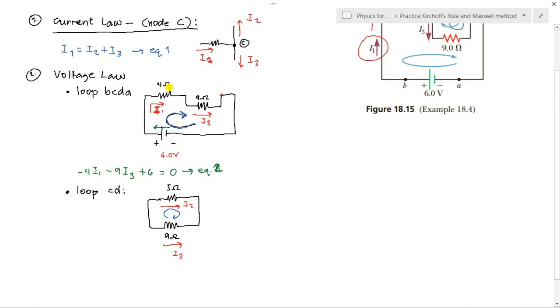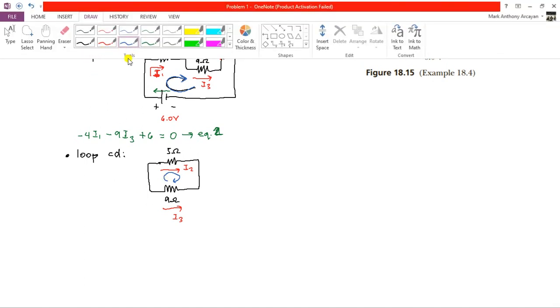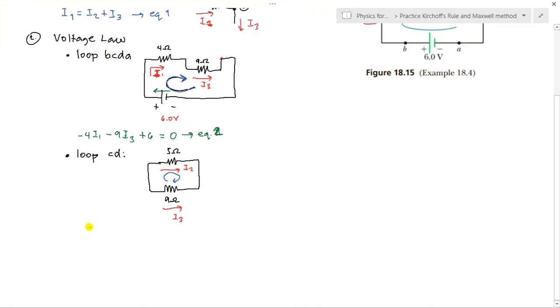So in the first loop, nothing went against it, since I1 and I3 both follow our assumed direction. Therefore, both of them receive a voltage drop, so they are negative. Here for this loop, I2 follows our assumed direction, so it is fine. Since I2 passes through the 5 ohm resistor, the voltage drop is negative 5 times I2.